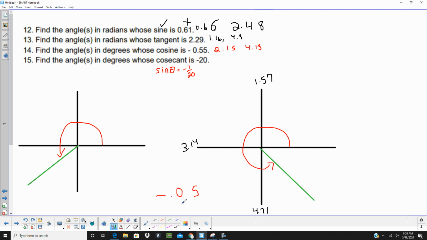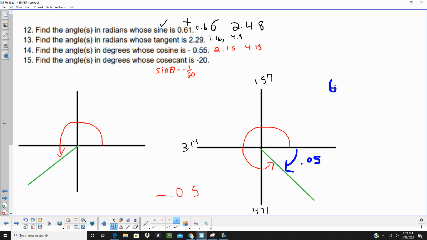Well, I want to solve this between 0 and 2 pi. So what they're actually giving me right here is this right here, 0.05. And I'm just going counterclockwise. I'm sorry, I'm going clockwise because it's a negative. So just take 3.14 minus 0.05. Oh my gosh, I'm making tons of mistakes. Did I say 3.14? No, don't be ridiculous.